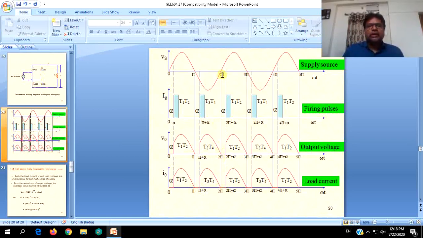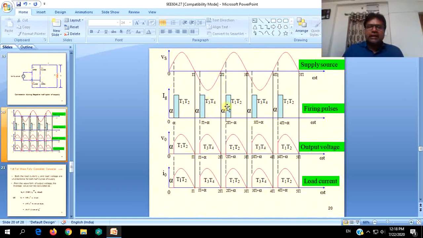At 2 pi, supply voltage now reverses from negative to positive, or at 360 degrees or 2 pi radians, it crosses 0. So the set of SCRs which are conducting till that moment, that is T3 and T4, will be reverse biased, and they will be turned off automatically by natural commutation.